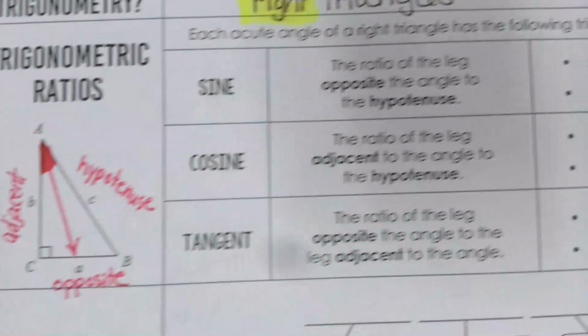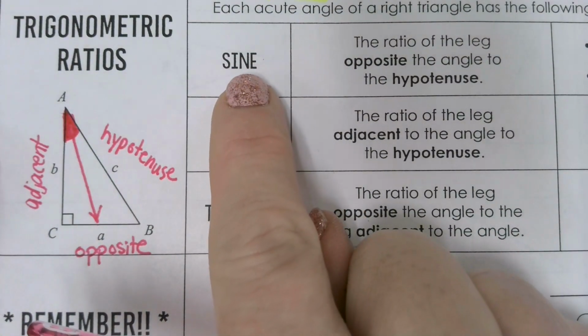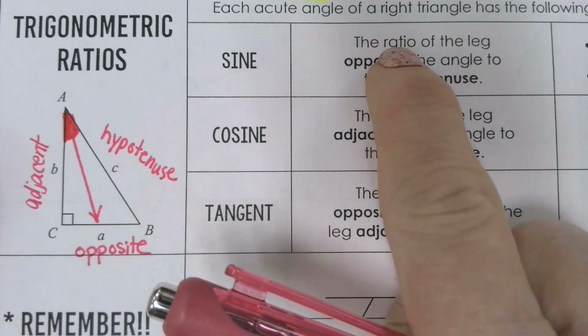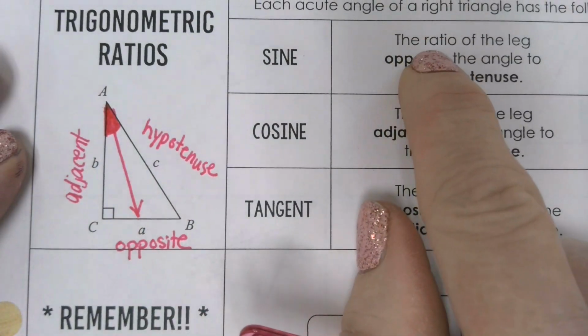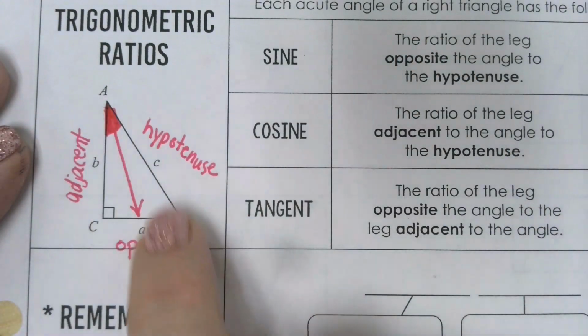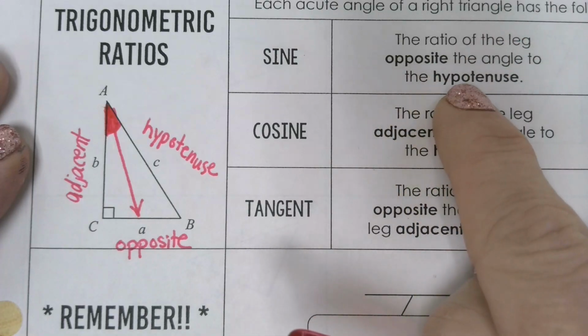Okay, so in my picture, the sine is going to be the ratio. Ratio is what? A fraction. So it is the fraction of the two numbers in this picture that will be the opposite over the hypotenuse.